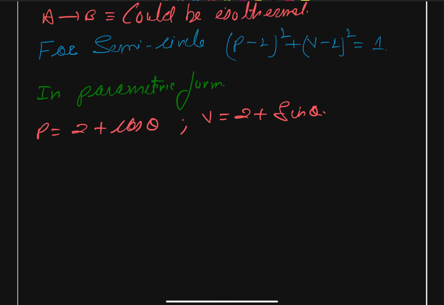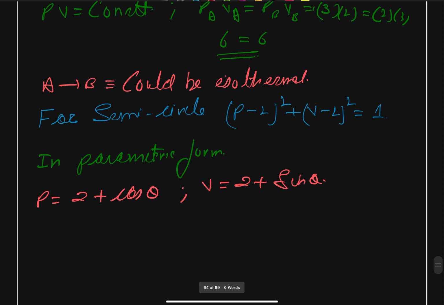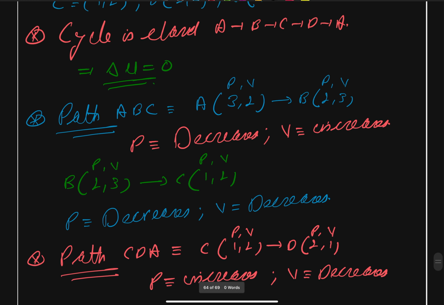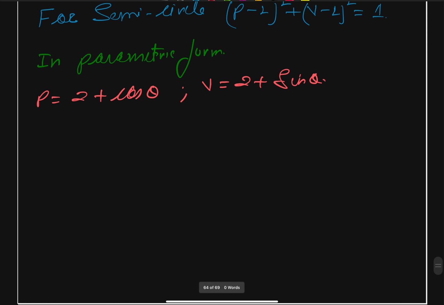This is the parametric form of the equation, and we have the path ABC.